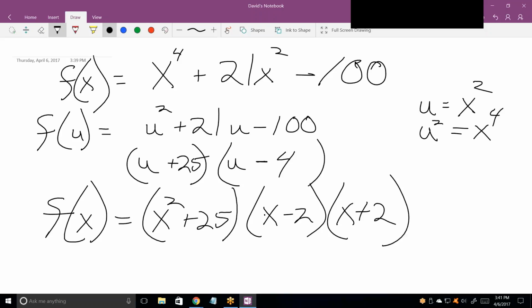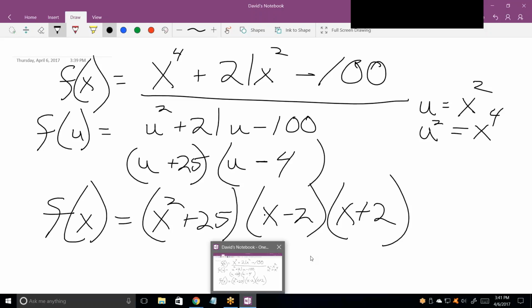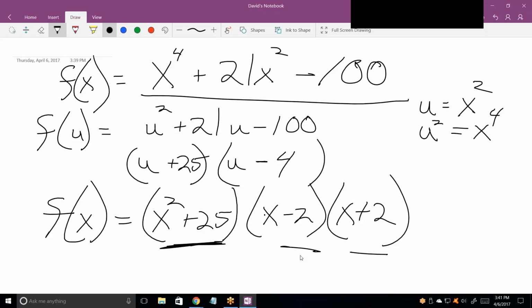So again, I've taken a 4th degree, a quartic, and I've got 2 linear factors and 1 irreducible quadratic. I know it's irreducible because x squared is always positive, and I'm adding 25 to it.